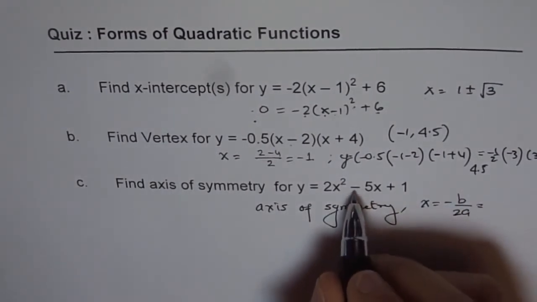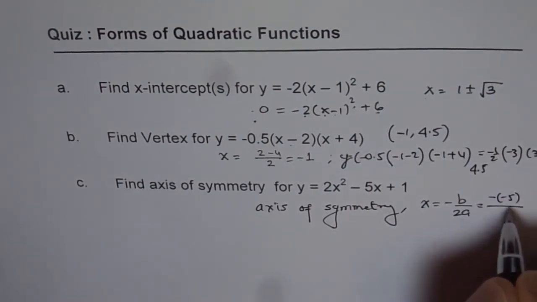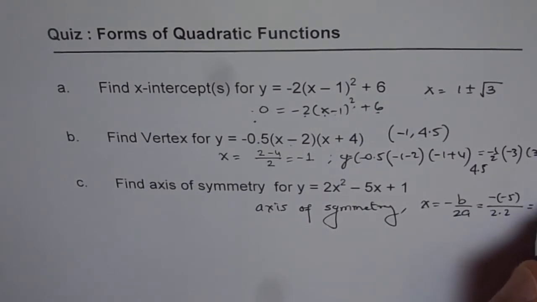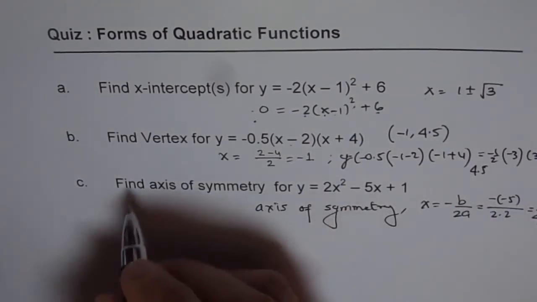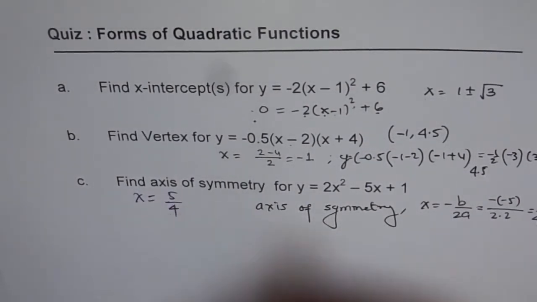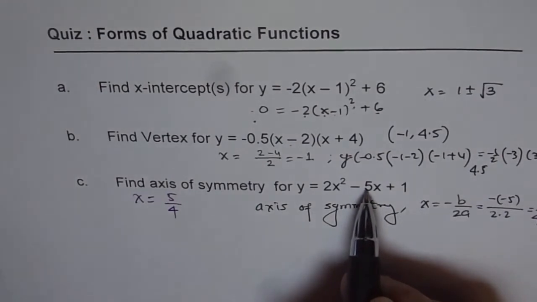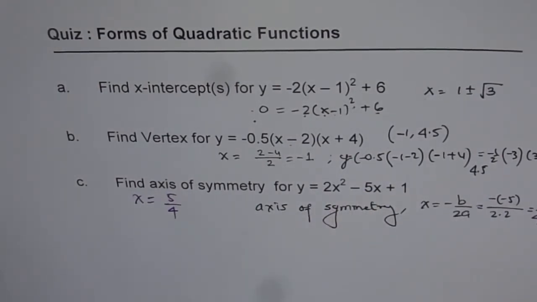So in this case, minus of minus 5, that is the b value, divided by 2 times 2. So your answer is 5 by 4, correct? So you get the axis of symmetry here as x equals 5 over 4. Do you see? Minus of this, that is 5, divided by twice this. So that is how you can get the axis of symmetry.